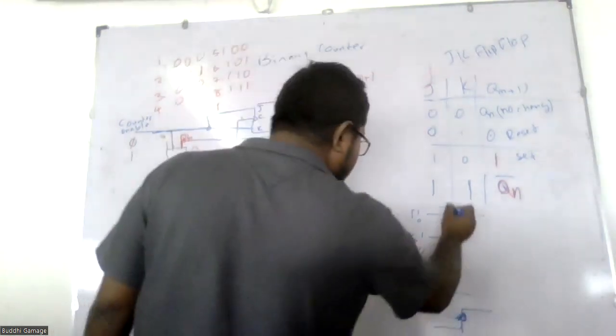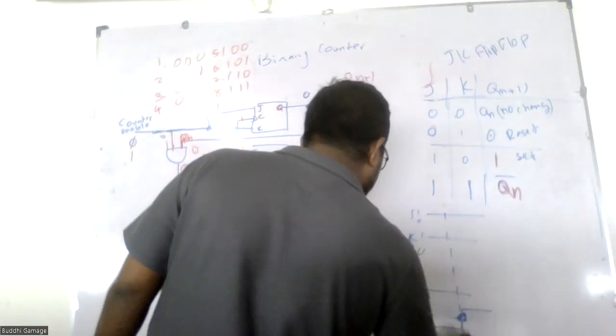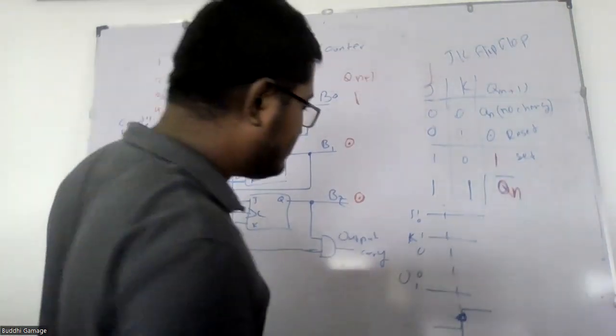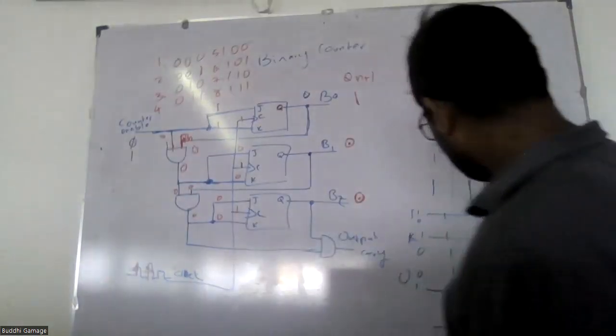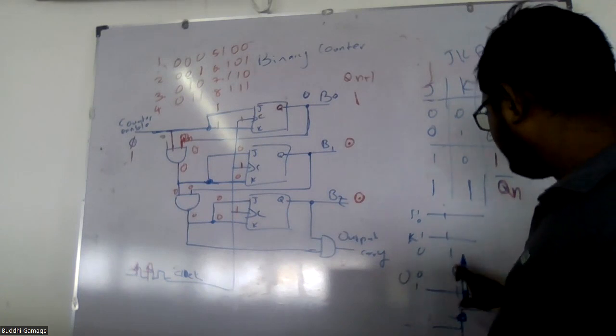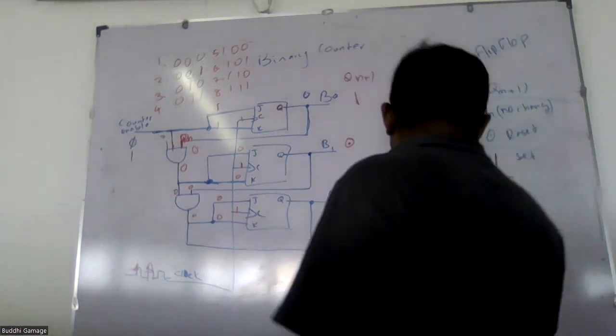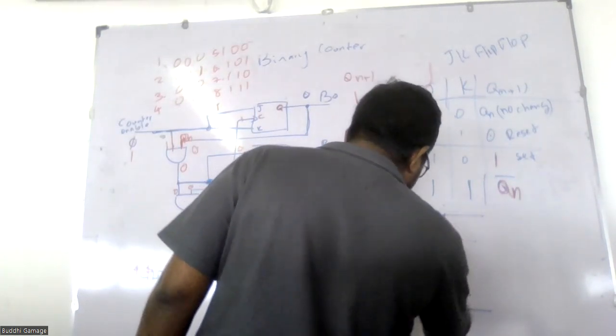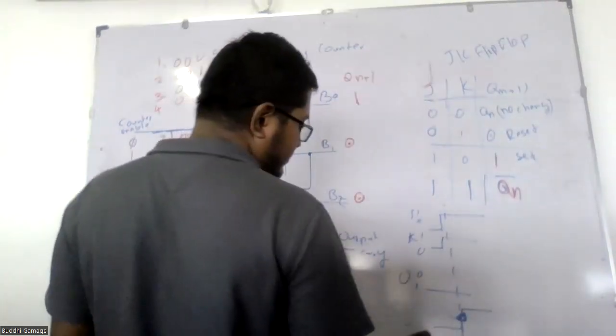This is our plot, right? This was the state. Both these were high. J and K were high, and again this way, right?